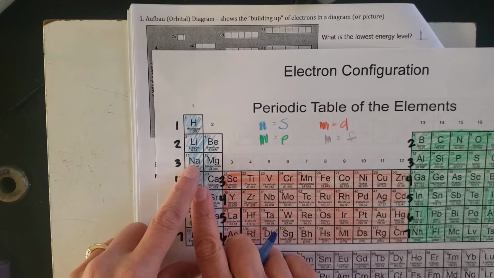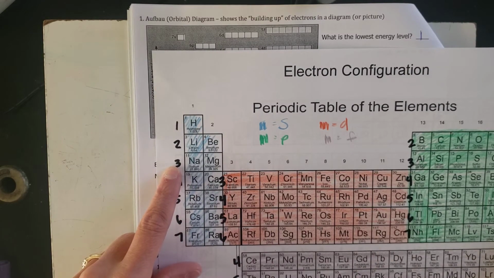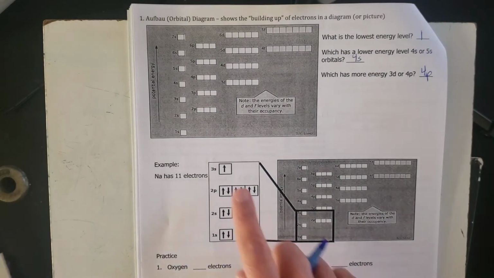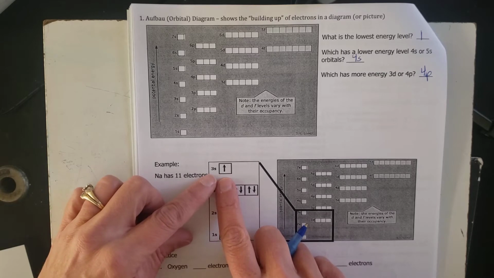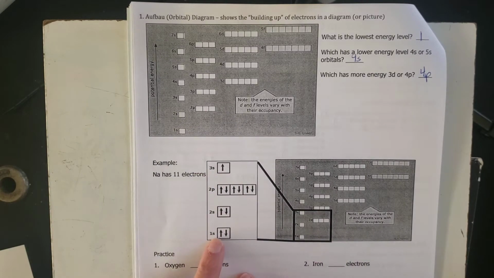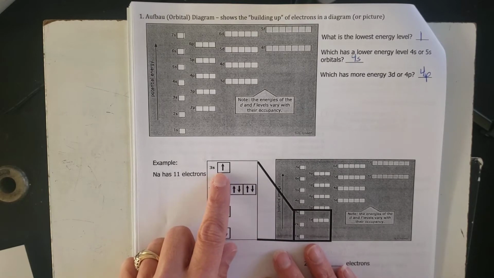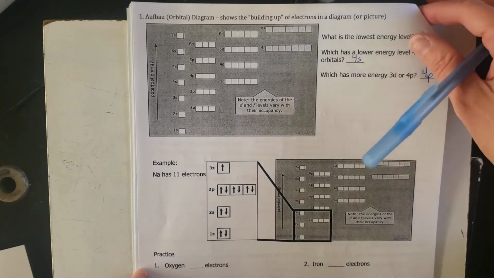Sodium is in the s block, 3rd energy level, so that tells me how far I need to draw my Aufbau diagram. So the highest energy orbital available in sodium is the 3s. And I would start filling till I get to 11 electrons. I do 2, 4, 6, 8, 10, and then there would be 1 electron in the 3s.